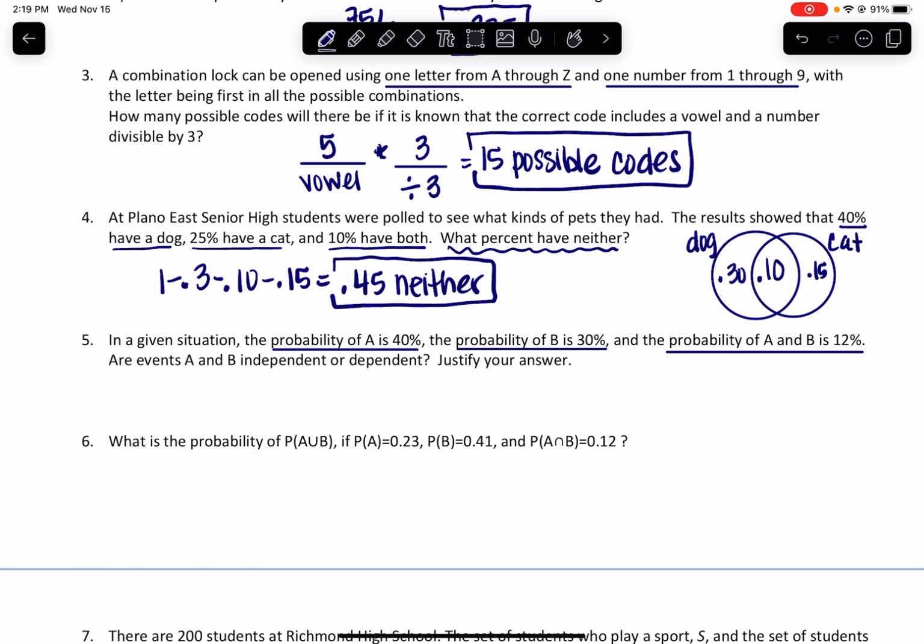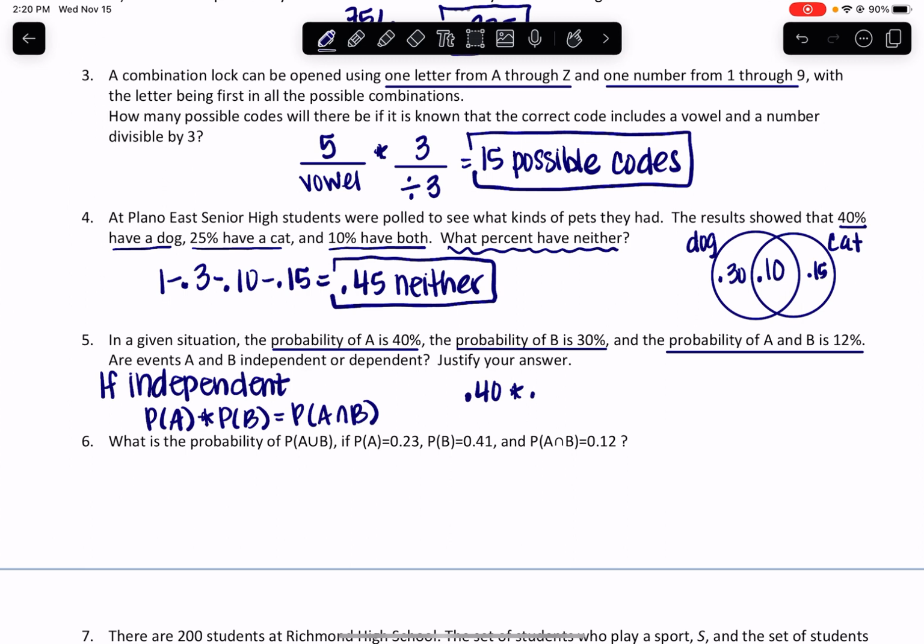Okay, so the definition states that if independent, then the probability of A times the probability of B is equal to their intersection, A intersection B. So if we check over here, probability of A is 0.4 times the probability of B is 0.3, and when I check, that does equal 0.12.